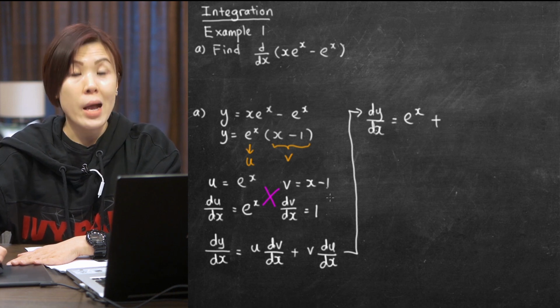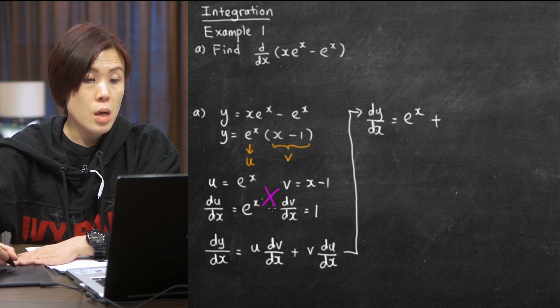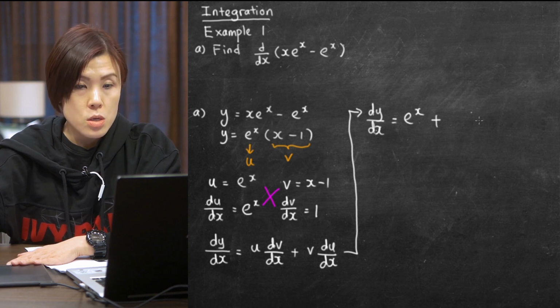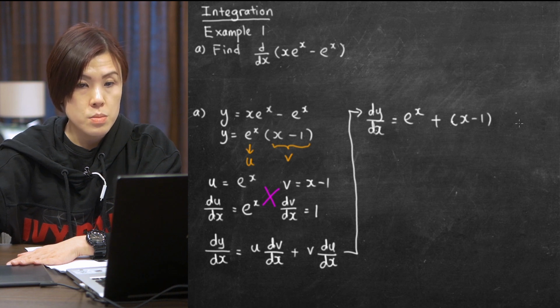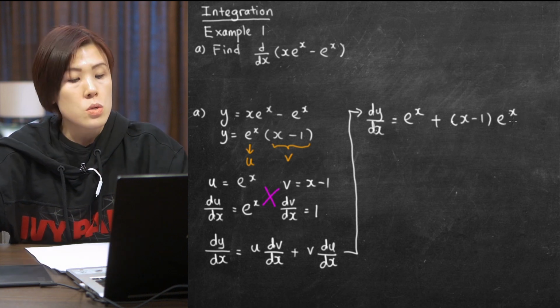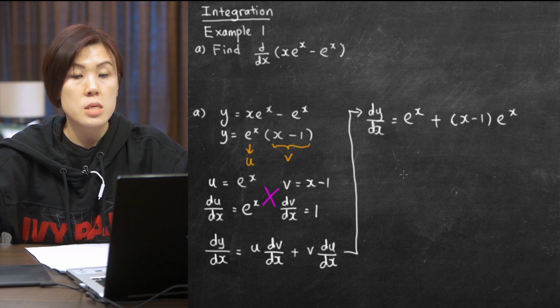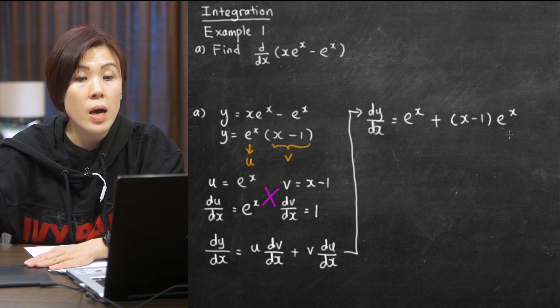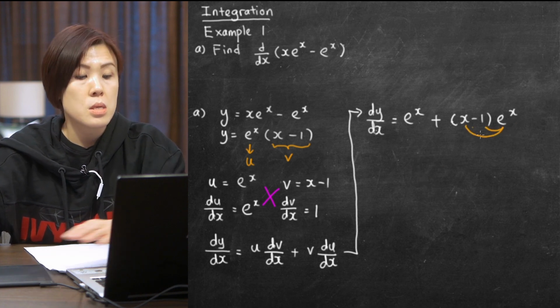So we have x minus 1 times du by dx, which is e to the power of x. After that, we can simplify this. We have to expand and simplify. This is how we expand.